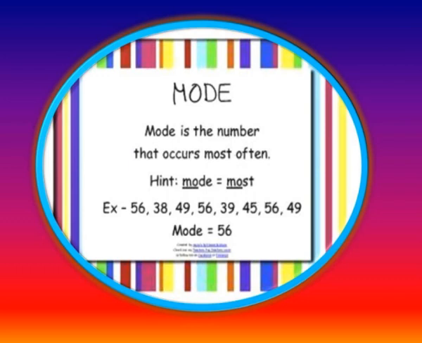Next concept, mode. Mode is the number that occurs most often. In a given set of numbers, the most repeated number is called the mode. For example, here we are given a set of numbers. In this, 56 occurs 3 times, so the mode of this data is 56.